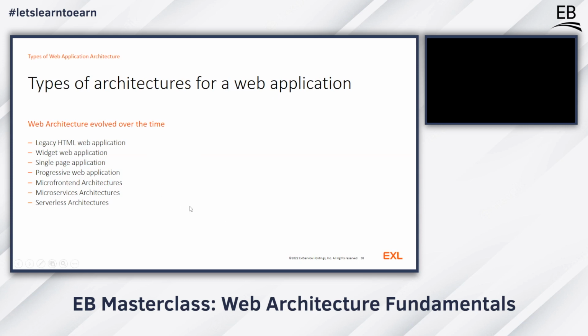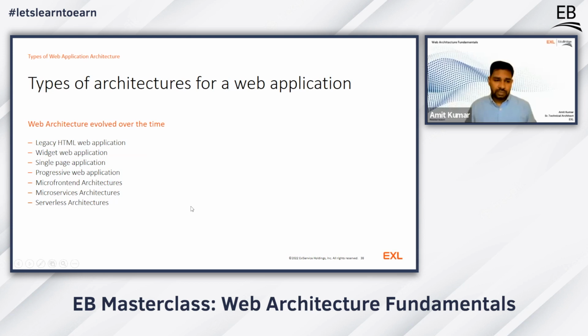Over time, there was a requirement in the market that applications should be able to behave like an Android or mobile application. In a mobile application, you can do certain activities while you are offline, and your data can be synced later. Such an application is called a progressive web application. If you are developing one, you need to take care of some kind of local storage while the user interacts.